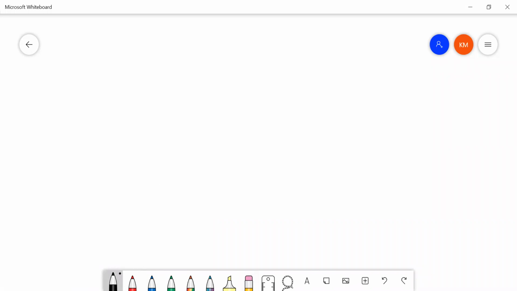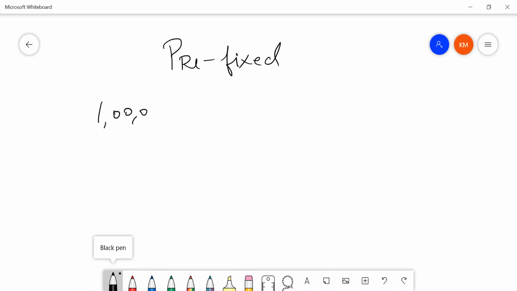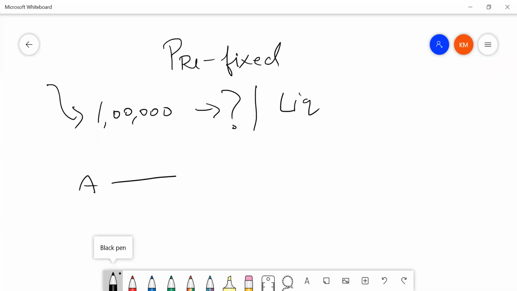Now, the court is also saying, in case of prefixed damages, let's say I am prefixing damages to be 1 lakh in the contract. Whether this 1 lakh is penalty or prefixed liquidated damages depends on case to case. Now, let's say actual loss. Let's say A is selling goods to B for 10,000 rupees.